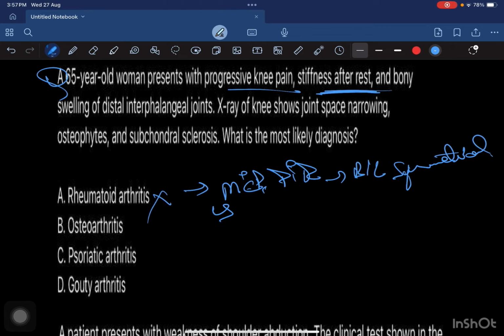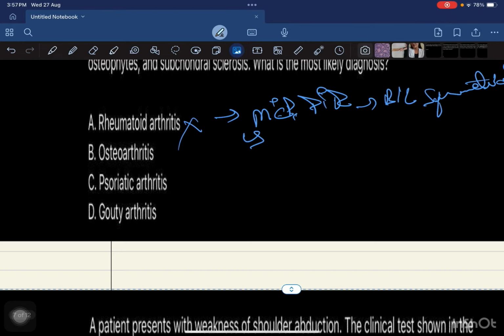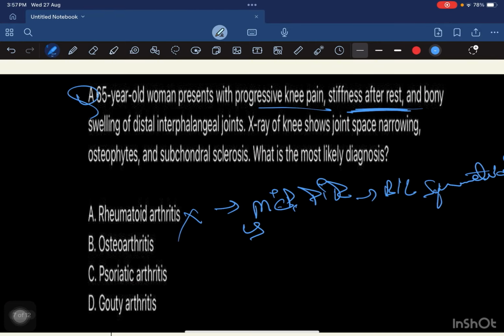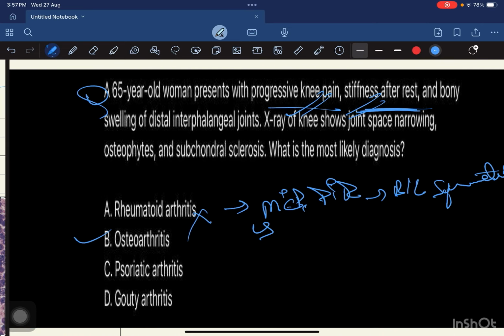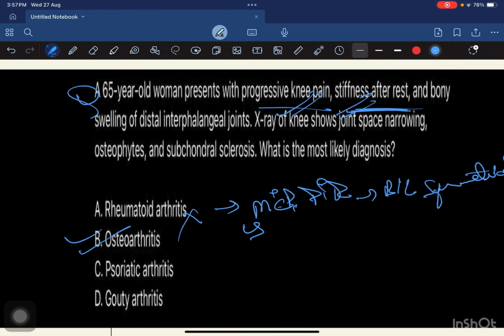Stiffness after rest and progressive knee pain is characteristic for osteoarthritis and not for rheumatoid arthritis.